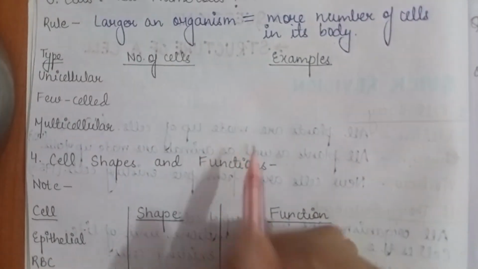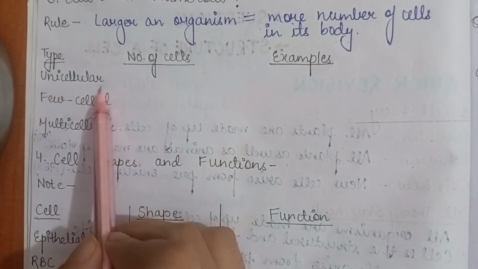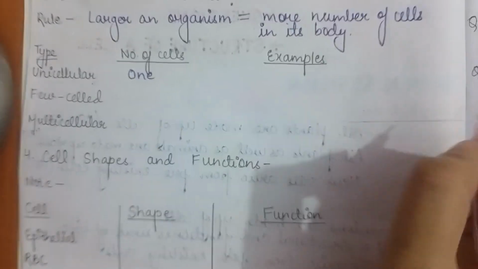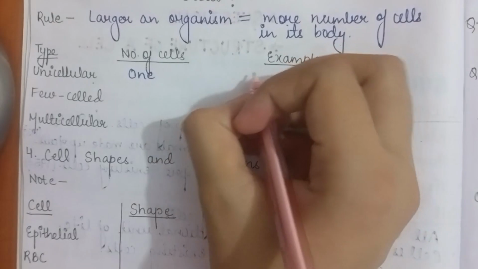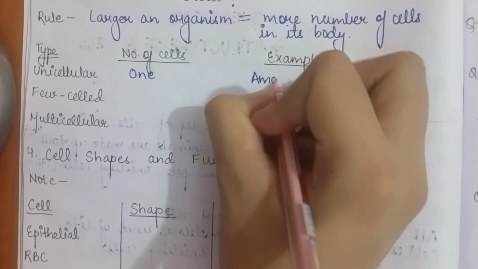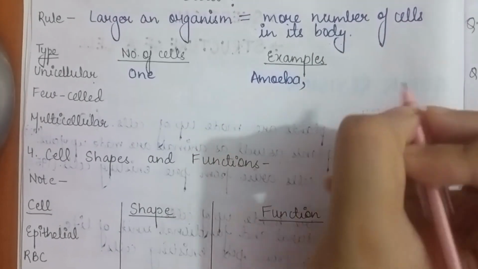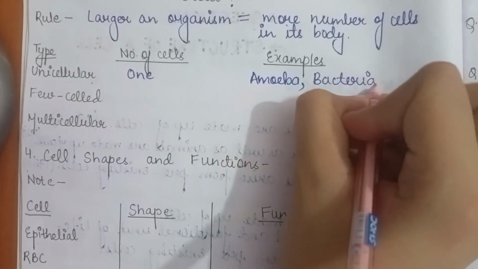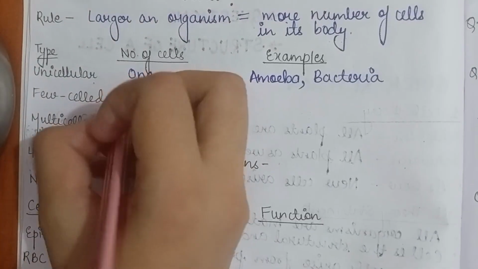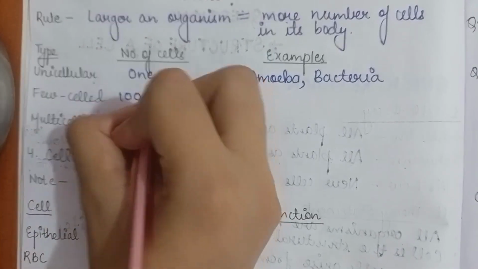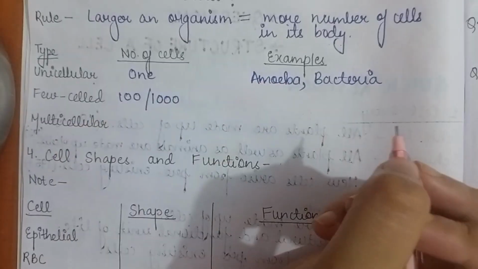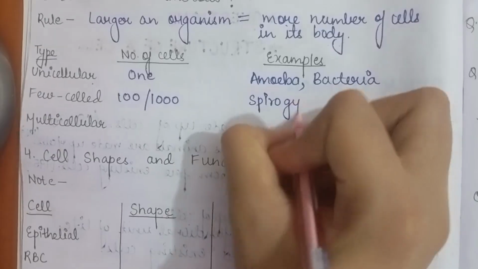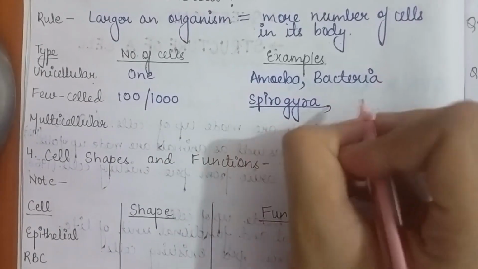Okay, now in unicellular organism number of cells are 1. An example of this is amoeba, okay, and bacteria. Then few cells, they have 100 to 1000 cells, okay, and example is spirogyra, okay, and volvox.